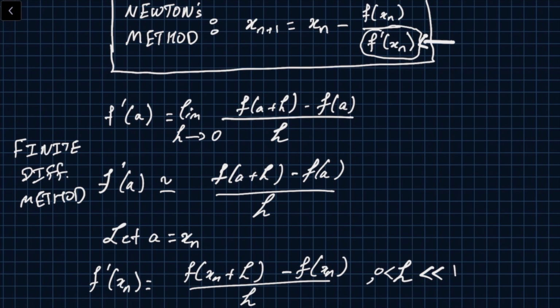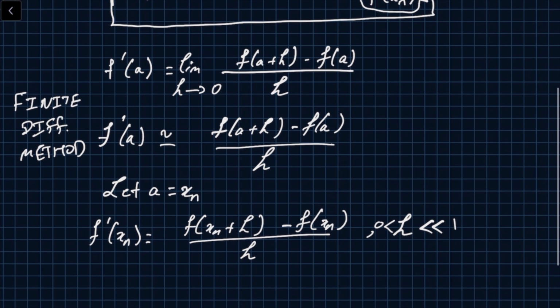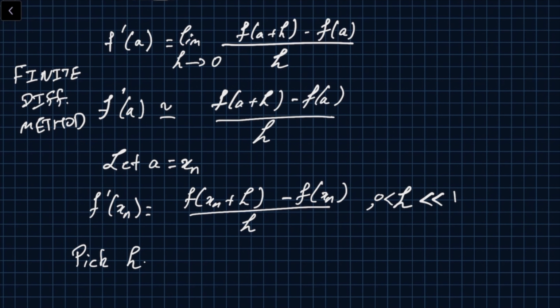Well, a reasonable value over here would be to pick h to be the difference between the next iteration point and the current iteration point, x_{n+1} minus x_n. Well, why do we care? Well, because we need this guy to be a function of values that we have in hand at this current iteration, and that's very important.